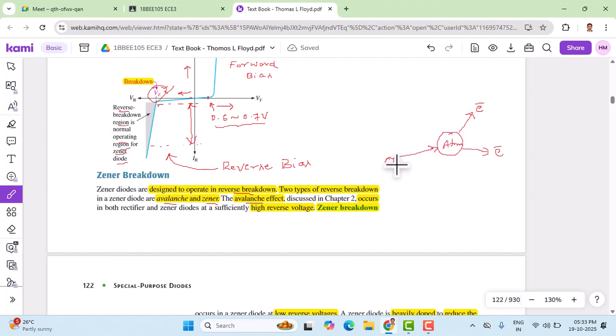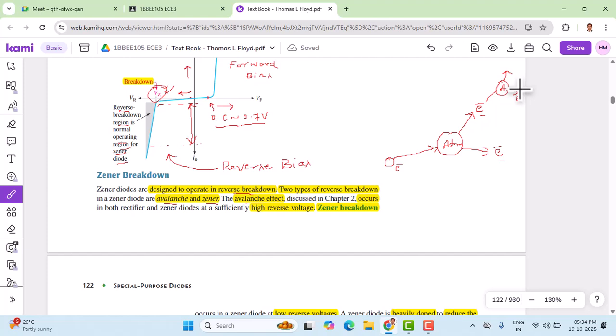One excited electron hits the adjacent atom with a lot of energy. The energy absorbed by this atom leads to the release of outermost electrons. Say, for example, these two electrons have been released. Again, these electrons get further energized and hit adjacent atoms, releasing additional electrons.